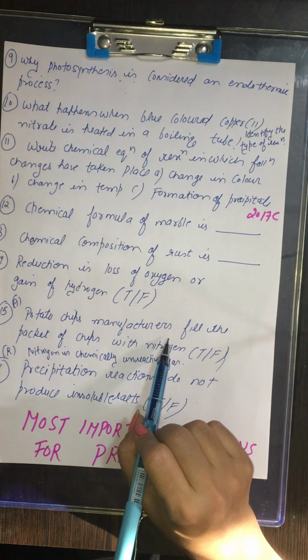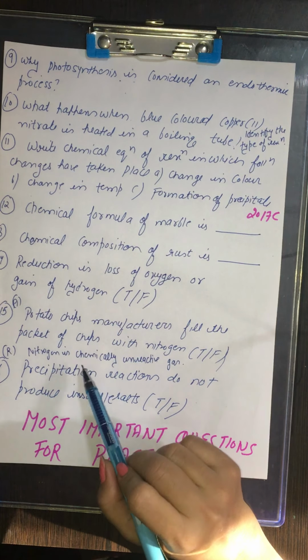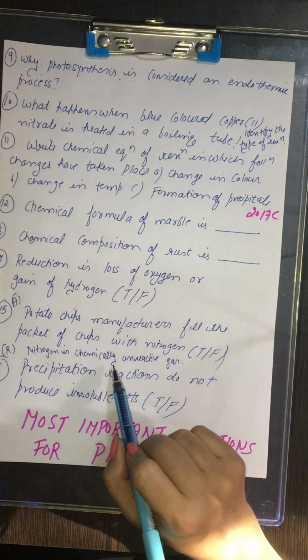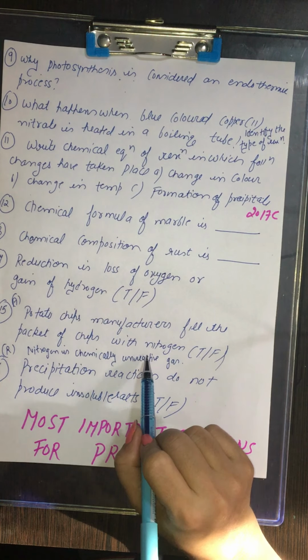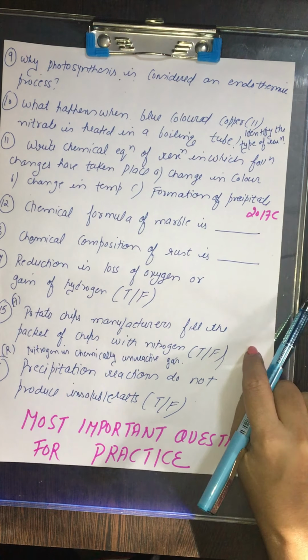In that format you will answer. If assertion and reason both are true and reason is the correct explanation of A, so it is correct or not. तो इनको आप दोनों फॉर्मेट में आंसर करिएगा.